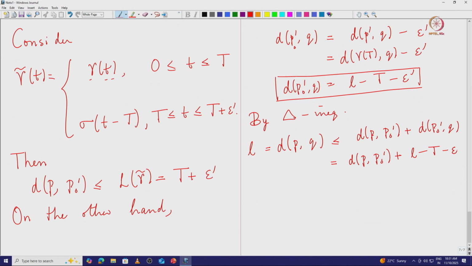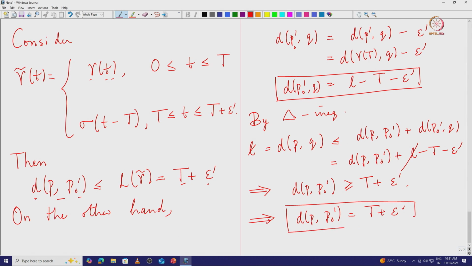So, if you cancel out the T from both sides, this implies that the distance from p to p naught prime is bigger than or equal to t plus epsilon prime. But on the other hand, we see that the distance from p to p naught prime is less than or equal to t plus epsilon prime. That means that we have to have equality, which means that this gamma tilde was actually a length minimizing curve connecting p to p naught prime.